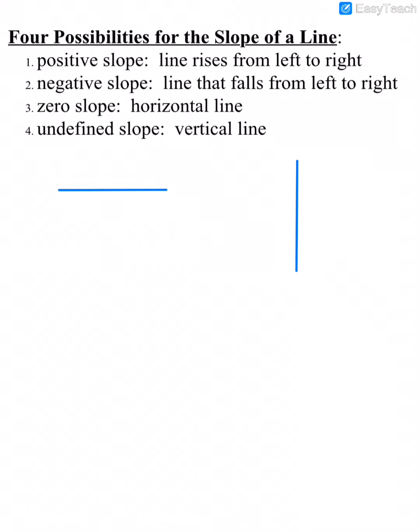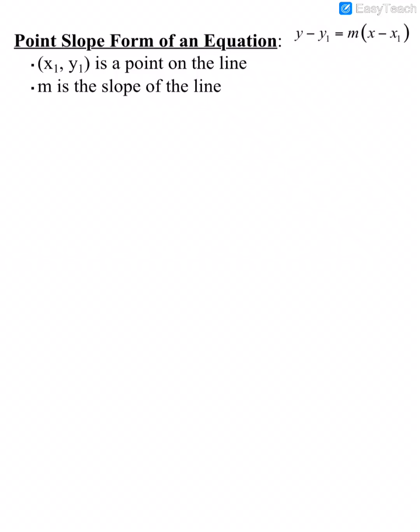Point slope form of an equation of a line is y minus y sub 1 equals m times x minus x sub 1. And in this formula, m is the slope, just like it was in the slope formula.